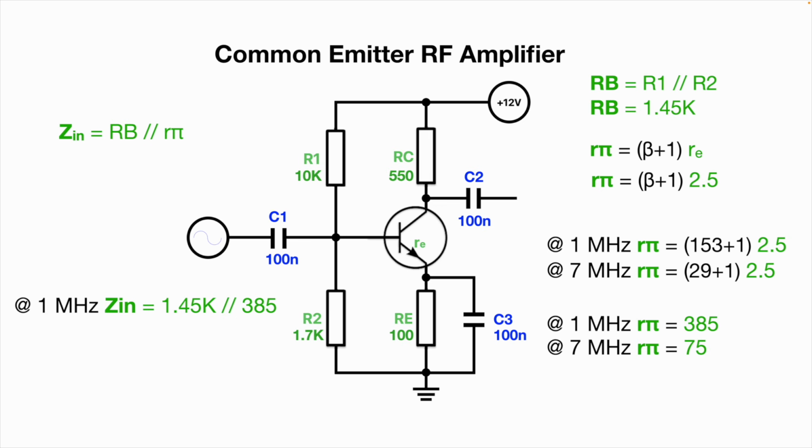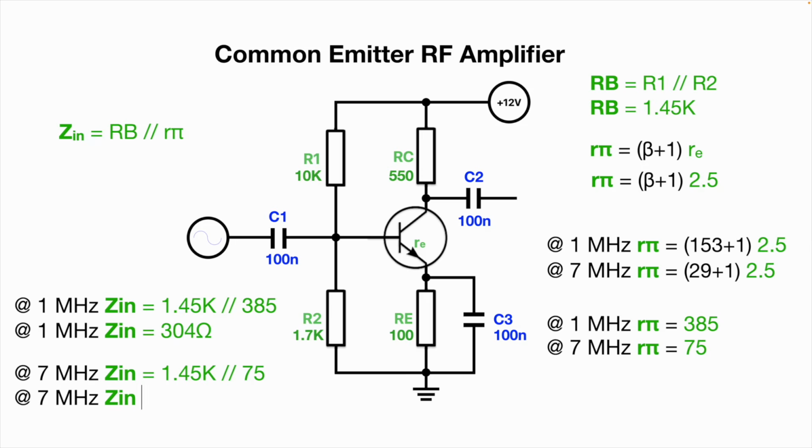So if we plug these numbers into our original formula, that would give us at 1 megahertz an input impedance of 304 ohms. And if we plug the numbers in for 7 megahertz, that would give us an input impedance of just 71.